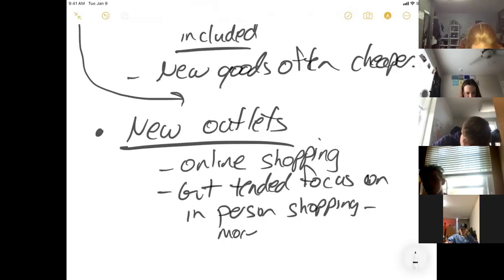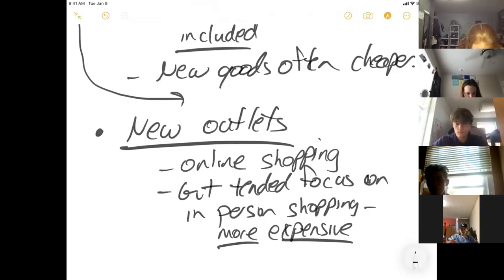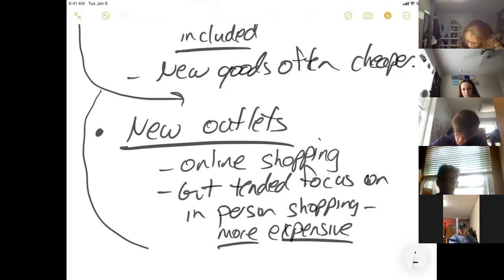But one of the things we know is that this type of shopping, particularly nowadays, is more expensive. You can usually get things cheaper online. Once again, just to repeat, that's tending to overstate inflation.